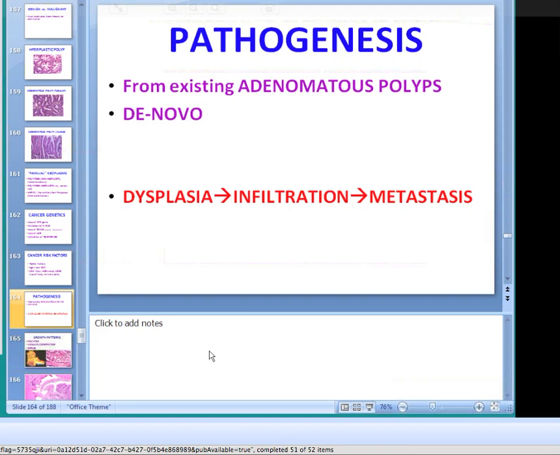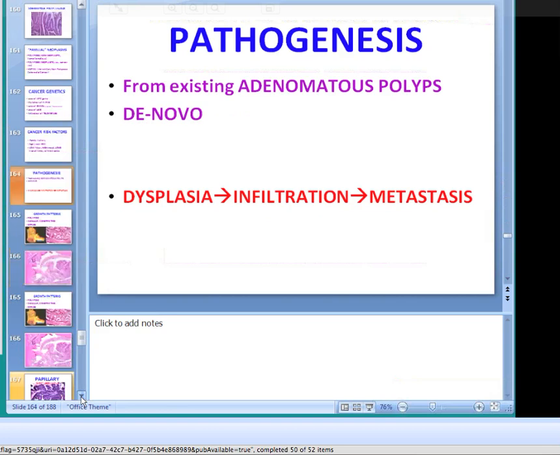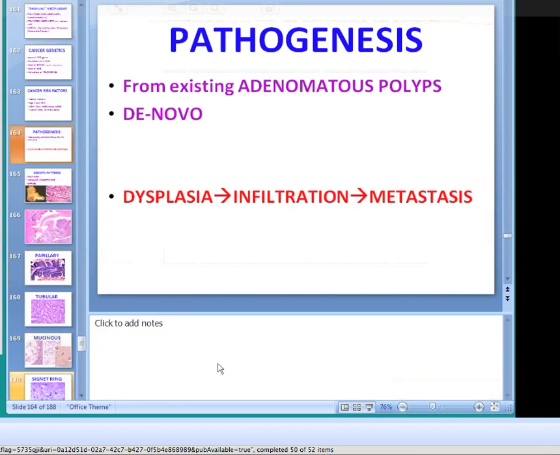Cancers can develop from adenomatous polyps, or they could develop all by themselves without polyps. And as you know, like we've showed you every other time in every other system, you start out with a normal appearing gland, a normal appearing cell.